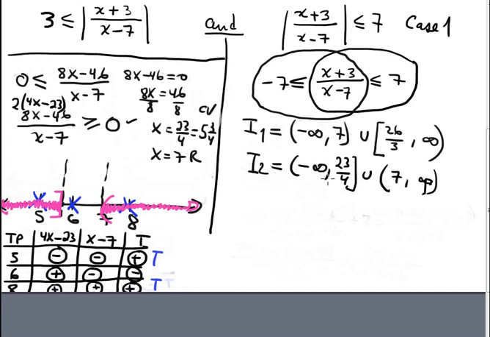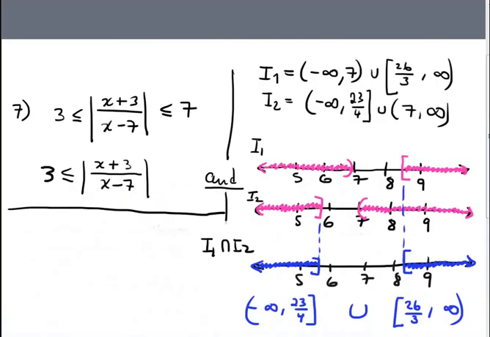Okay, let's do the intersection between this interval and this interval. Now the intersection. This is a graphic representation of this, and this is a graphic representation of this. It's obvious that the common part is this part, I put in blue.